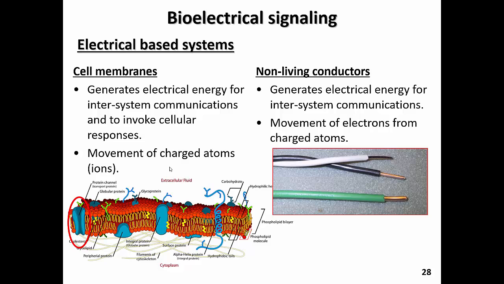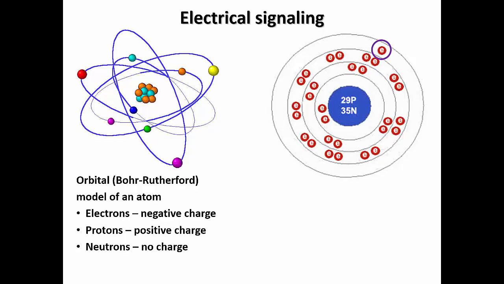So for the cell membrane, the membranes are moving whole atoms, and those atoms happen to have lost an electron or gained an electron, depending upon the particular atom. Those are what ions are. On the right-hand side, here we see some electrical insulation exposing copper wiring. And the copper is responsible for those electrical impulses.